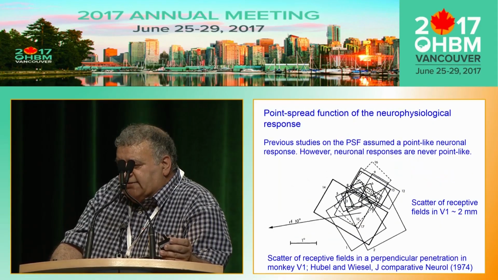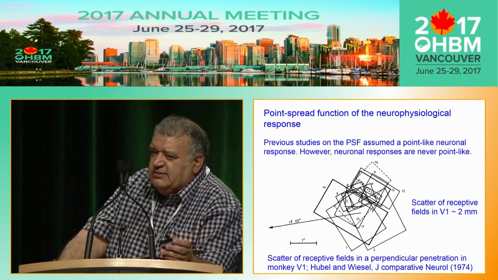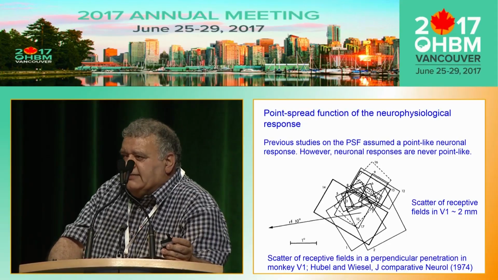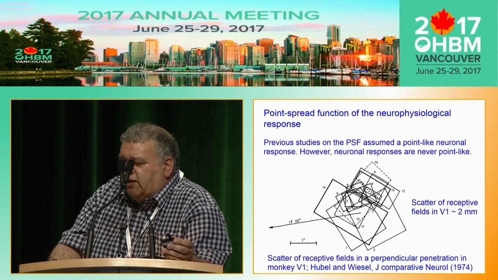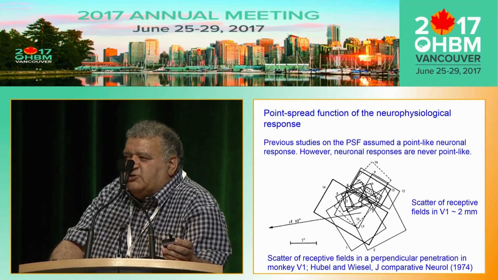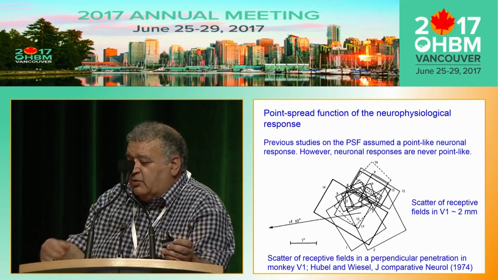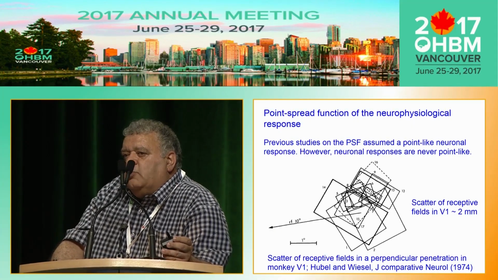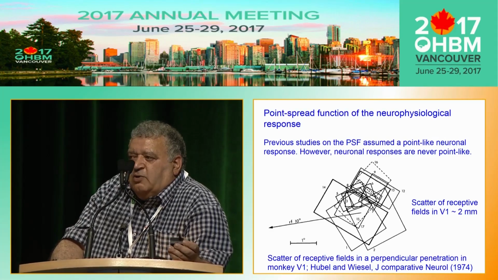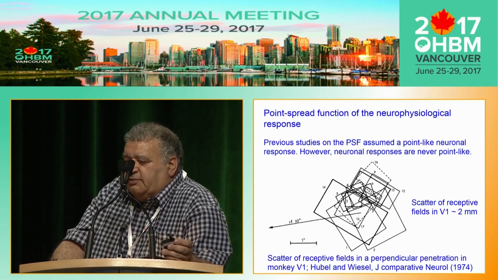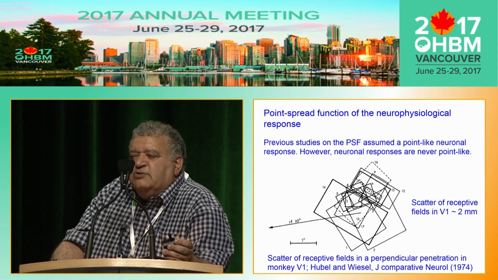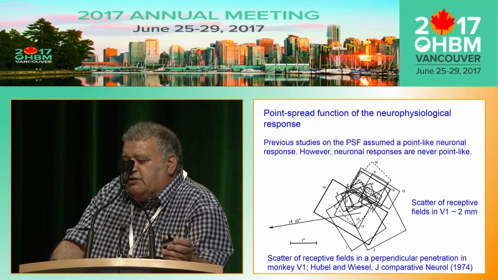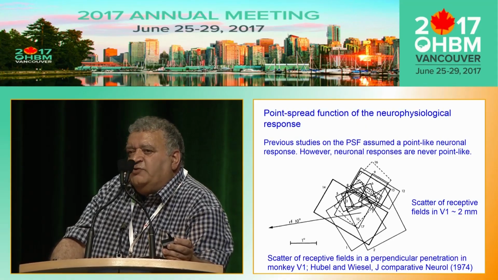We obtained similar results recently in humans. The principle is that previous studies that estimated the spatial specificity, including my own study, used retinotopic stimuli in the visual cortex, partial visual field stimulation. However, this stimulus is known from monkey physiology to create scatter of neuronal response.